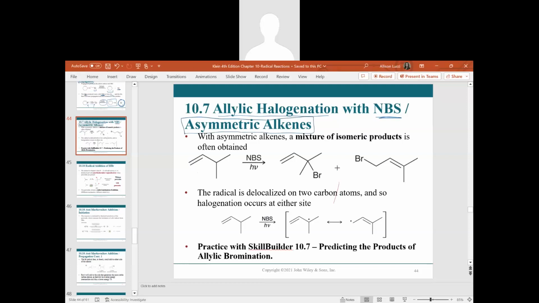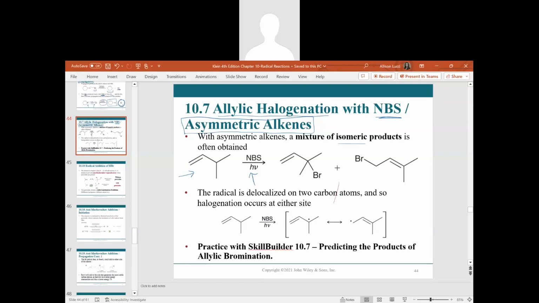We have a double bond where one side is different than the other, so this is a great example of an asymmetric alkene. We use N-bromosuccinimide and light to form our radical, and then we end up with a mixture of isomers, which are often obtained in this case.